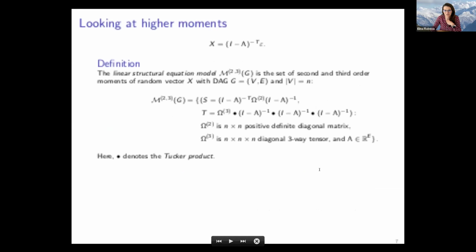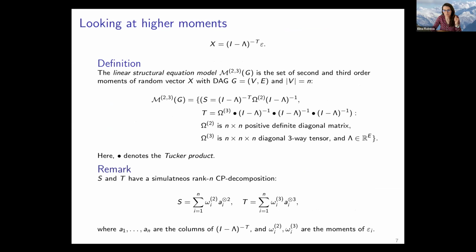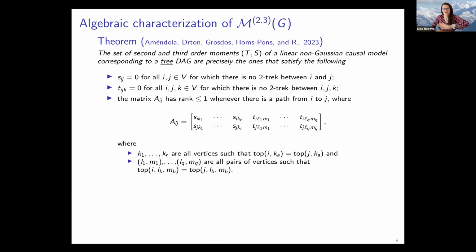And if the graph is a polytree, so this is very complicated, but the takeaway is that if the graph is a polytree, so the underlying undirected graph is a tree, then the constraints are exactly given by forming some matrices and imposing that they have rank 1.